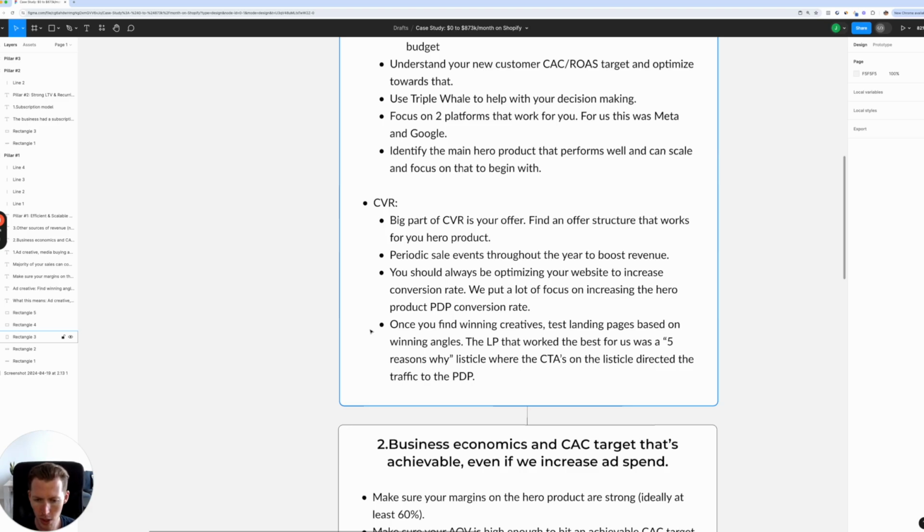And you want to test landing pages, but you might find that just sending people to a collections page or a product page works better. But what I like to say, especially when you start to spend 100, 200k a month on ads, is you want to have different landing pages other than your collections page or your product page that work for you, because it allows you to spread some of that risk.